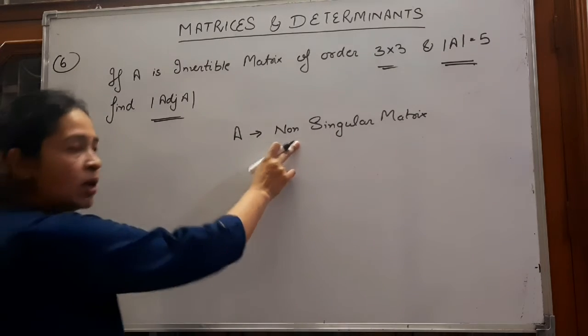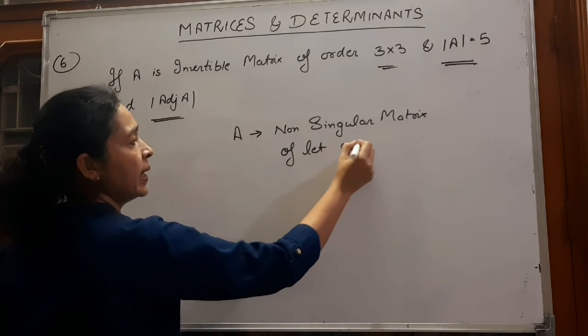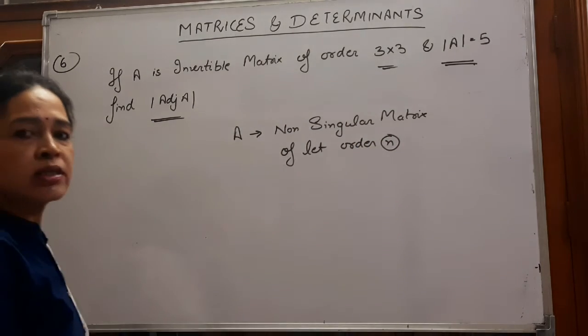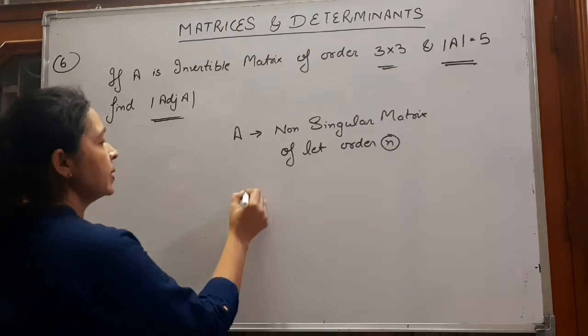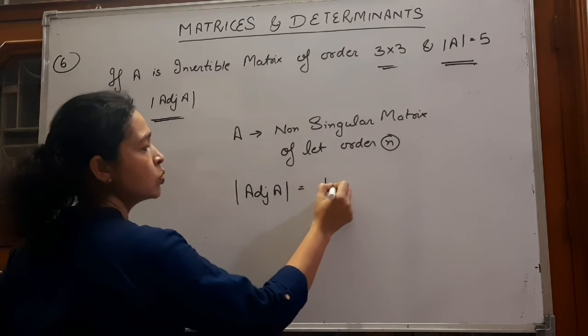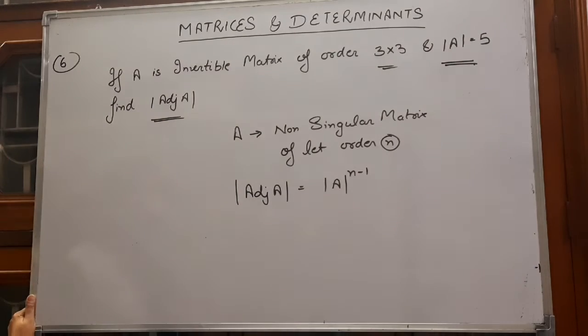If A is a non-singular matrix of order n, then determinant of adjoint A is equal to determinant of A power n minus 1.